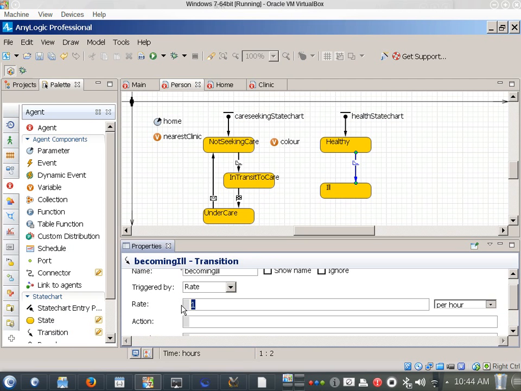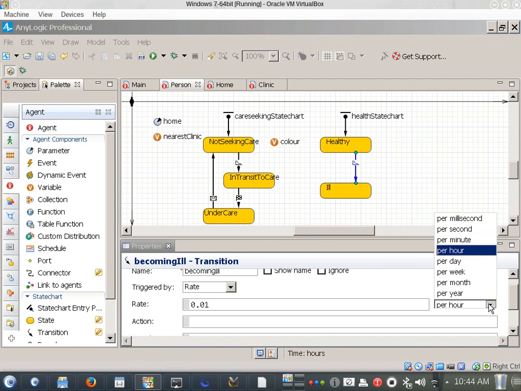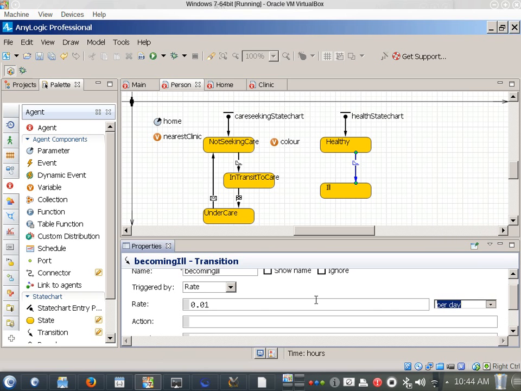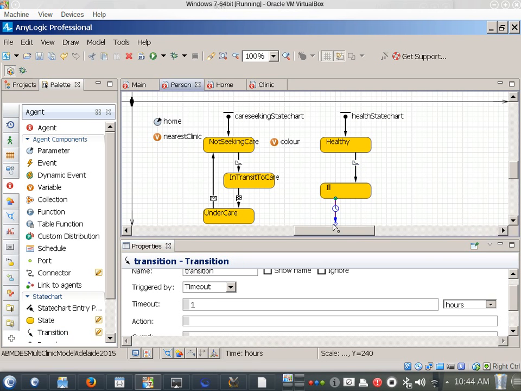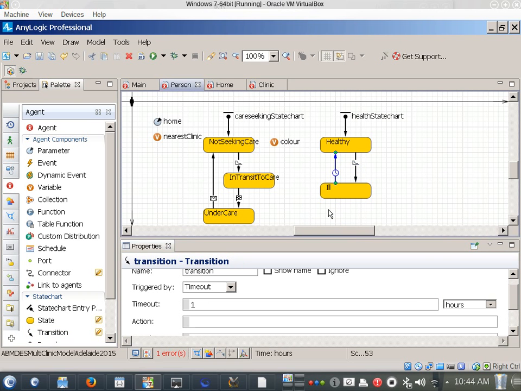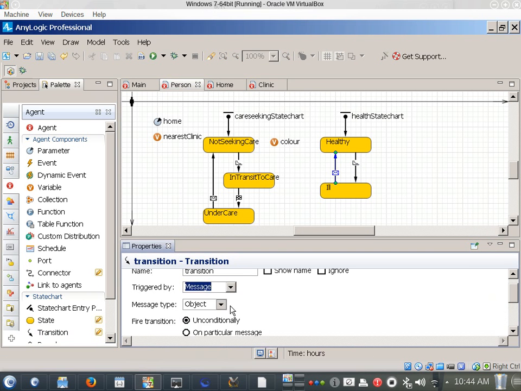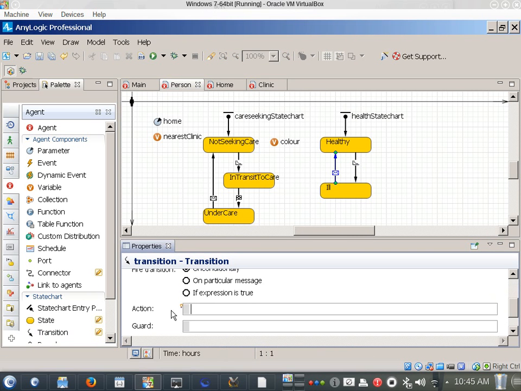0.01 is the rate, and that's per day. Okay? It's a rate per day. Remember, the units of the model now are hours, but this rate is a per day rate. And then going from ill to healthy, this will be based on a message, and this message is cured.